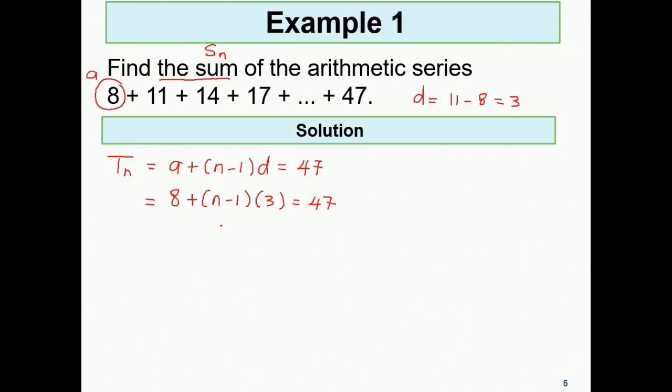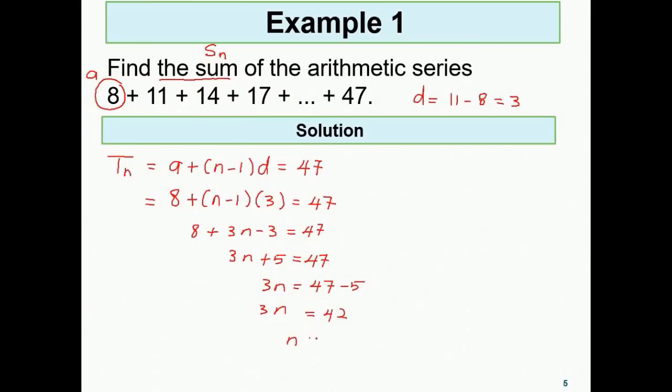Simplify the expression. We have 8 plus 3n minus 3 equals 47. So 3n plus 8 minus 3, which is 5, equals 47. Therefore 3n equals 47 minus 5, 3n equals 42.